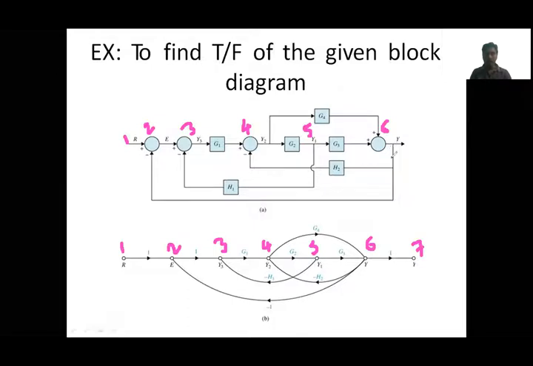Similarly, 6th to second node we have negative feedback with gain 1. This is the way we can convert any given block diagram, either complex or simple system, easily into signal flow graph representation.